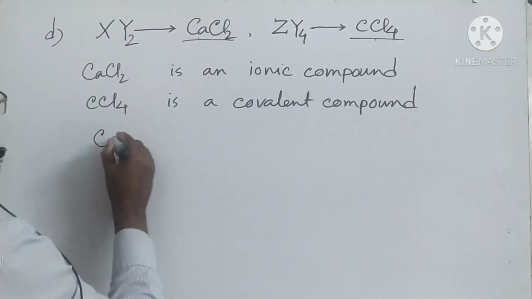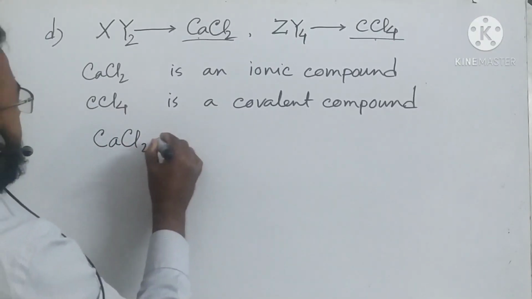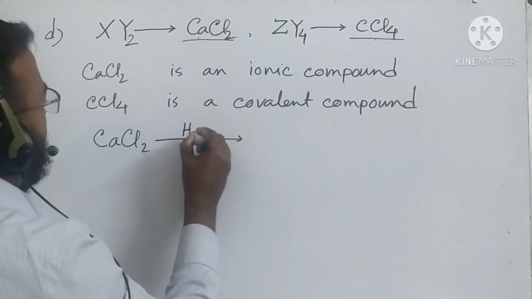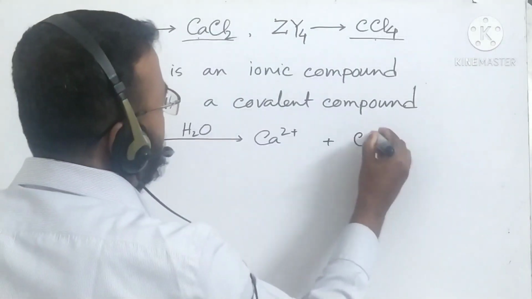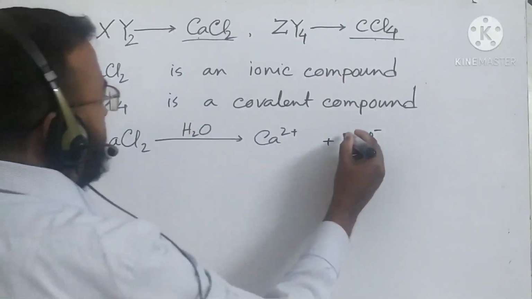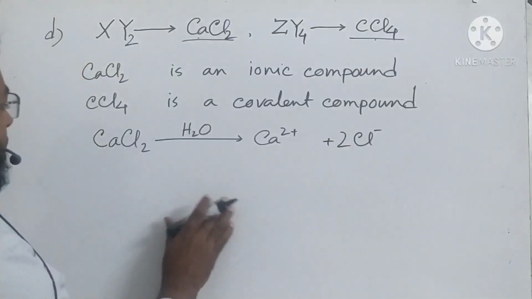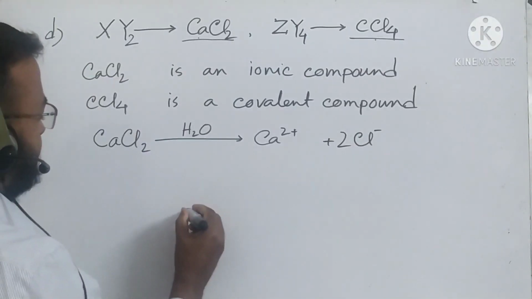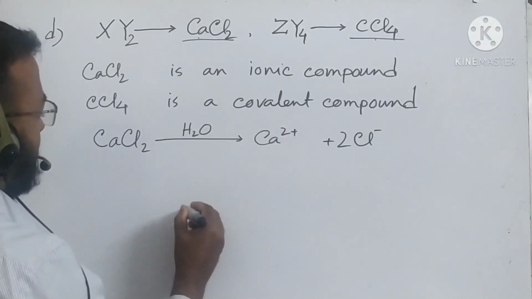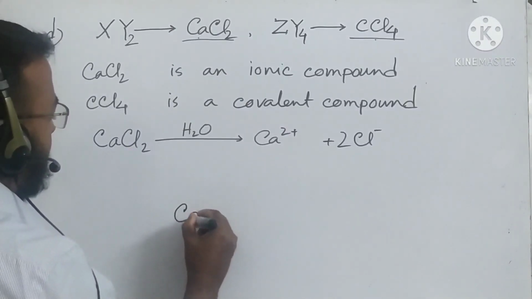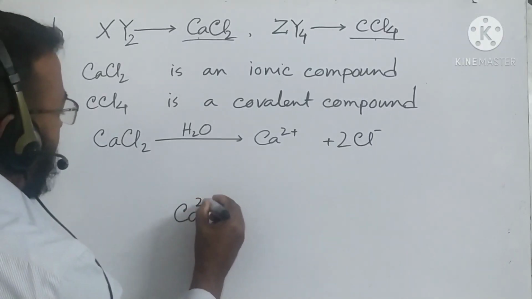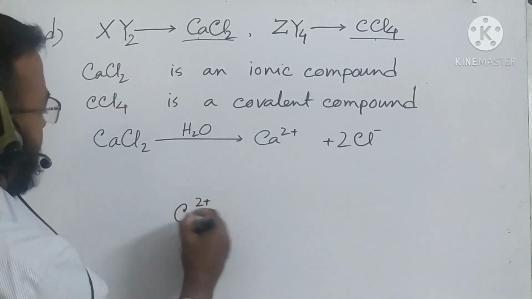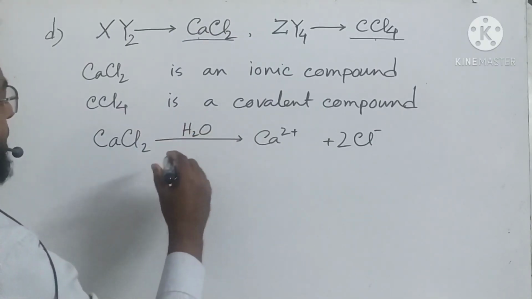Calcium chloride will be ionized in water, that means Ca2 plus and 2 Cl minus, like this. Okay, then how will it be dissolved in water? See that, if calcium chloride is added to water, then Ca2 plus is the positive ion, and water is a polar compound.